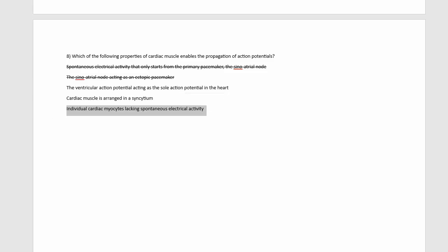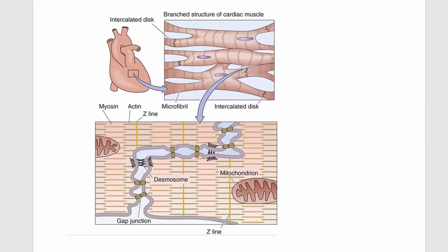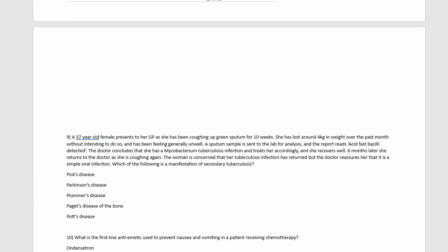So we can rule out number 5 and we can rule out number 3. So again, all of these kind of sound like they're mostly correct, but you have to be quite careful about the individual wording of it. So the correct answer is cardiac muscles arranged in this conformation.